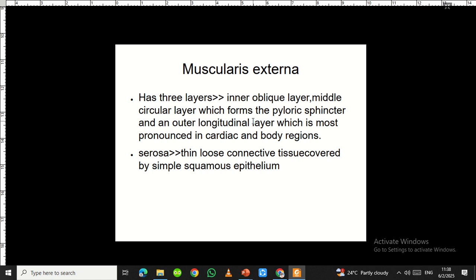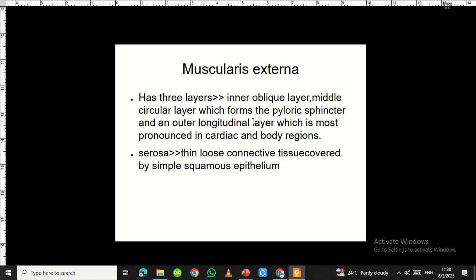And these layers are prominent in the cardia, right? And the circular layer is more prominent in the pyloric part, forming the pyloric sphincter.